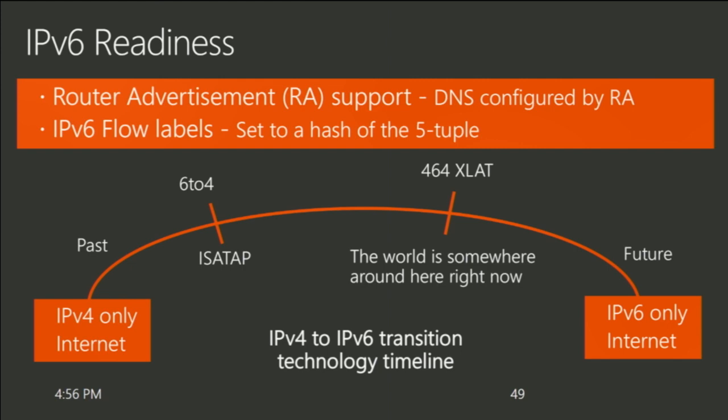Okay, so in between these two extremes, we have a couple of milestones that are important. The first types of technology that came out were Teredo and 6to4 technology. The reason we needed 6to4 technology is because we had an IPv4 world.